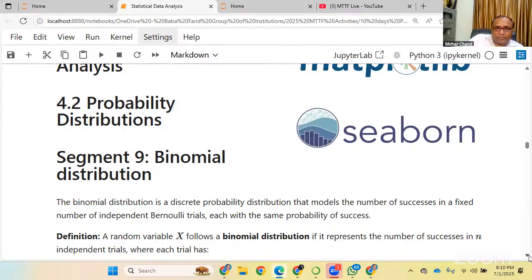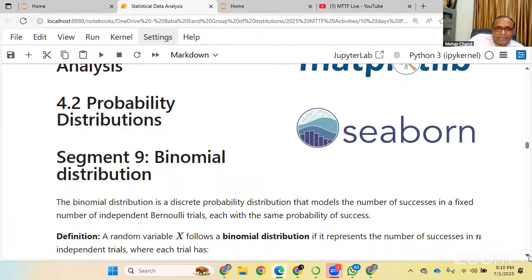The binomial distribution is a discrete probability distribution that models the number of successes in a fixed number of independent binary trials, each with the same probability of success.